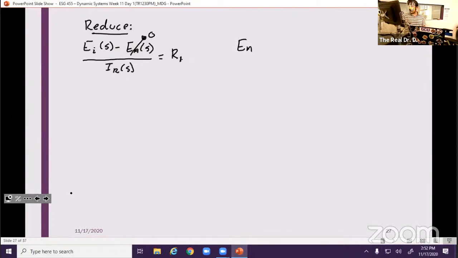We also know what? Well, we also know that E out, well, let me write it this way. The voltage drop E_A of S minus E out of S divided by the current I sub C of S is equal to what I'm going to call ZEQ, or the equivalent impedance of the series resistor and capacitor.